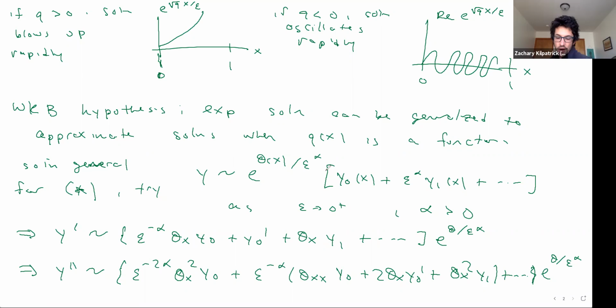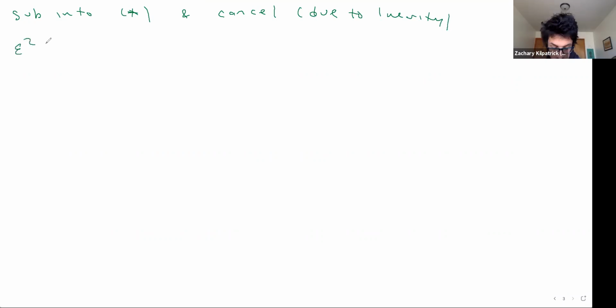Now this is a linear equation, so there's not too much work involved, but you just have this sort of long result from applying the product and chain rules. So if we sub this into star and carry out cancellations due to linearity, what we have is this epsilon squared term out front, and then our y prime prime term.